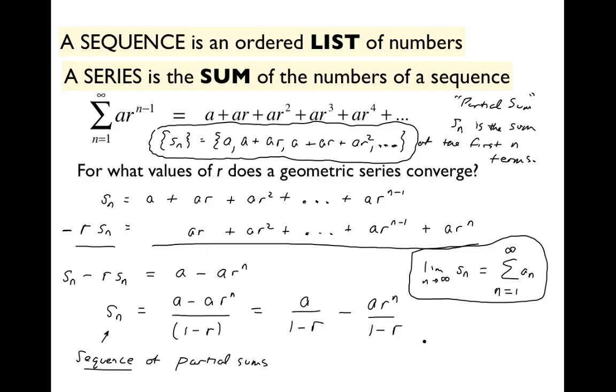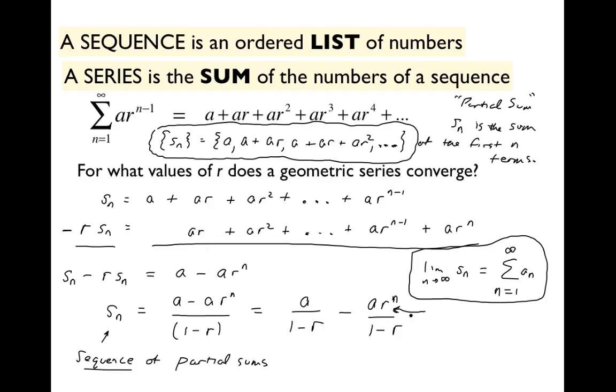And so what value of R will make this second term converge? When n gets really, really large, what will cause that to go to 0? Really? Just R equals 0? Yeah, so it's going to be negative 1 to 1, right?